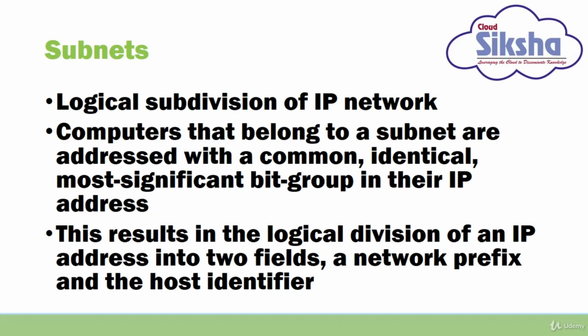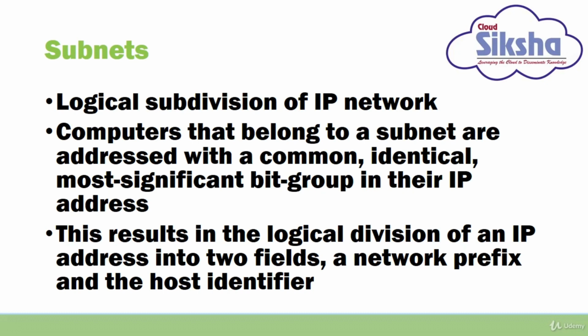When we do that, you can logically divide networks. One particular network gets a certain most significant bit group to be the same, another gets a different most significant group to be the same. I'll just explain what this most significant group is. When you divide this, you get two parts.